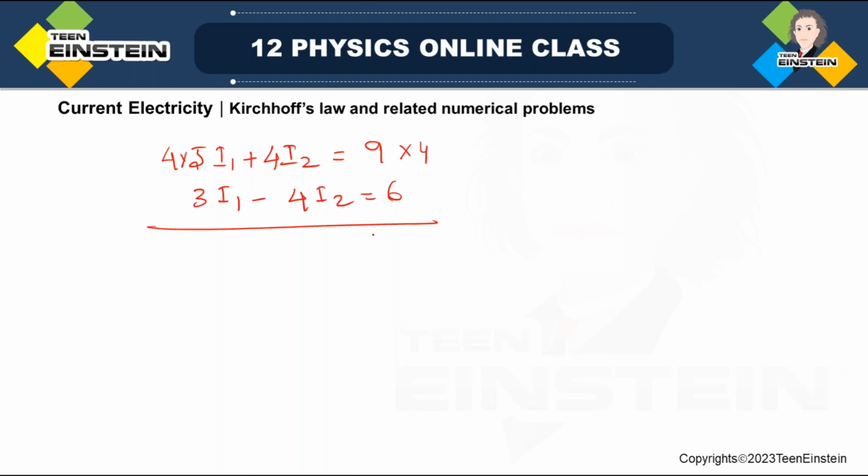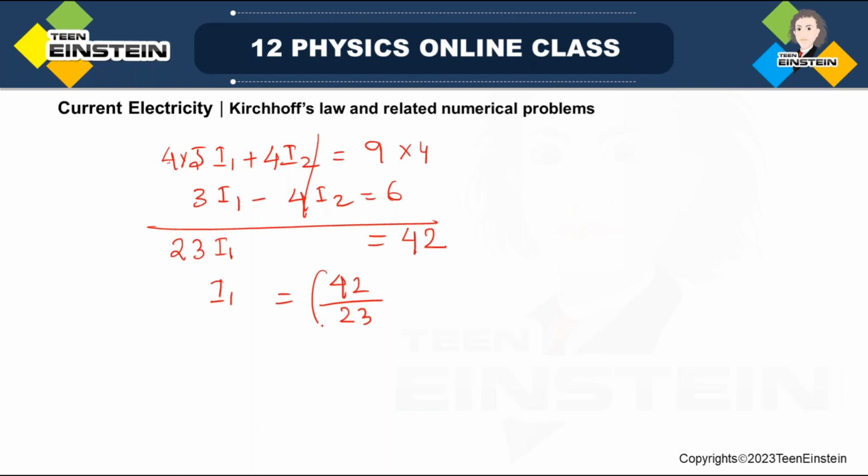Then add them up. If I add, this will be 9 into 4, 36, plus 6, so this will be 42. This will cancel out, and this is actually 23 I1. Somehow these values are a little bit odd anyway.